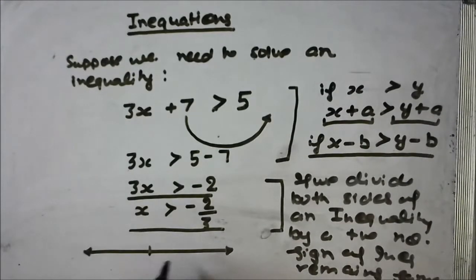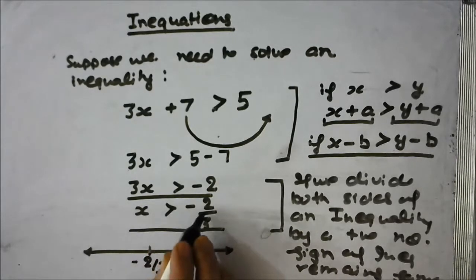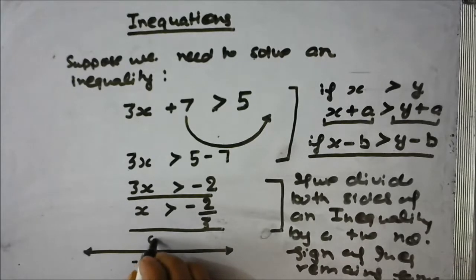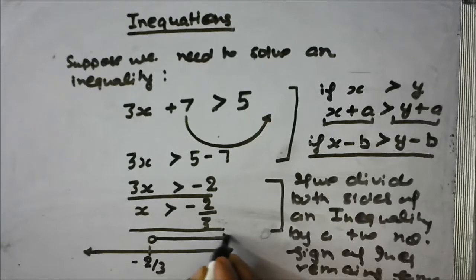So I will not be putting 0 on the number line. I will just locate minus 2 by 3, and x is greater than minus 2 by 3. So inequality implies that x can take any value towards higher side of minus 2 by 3.